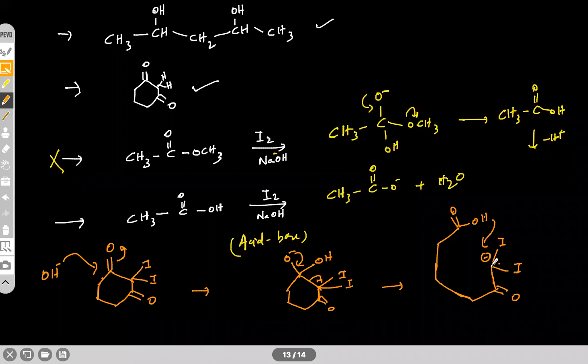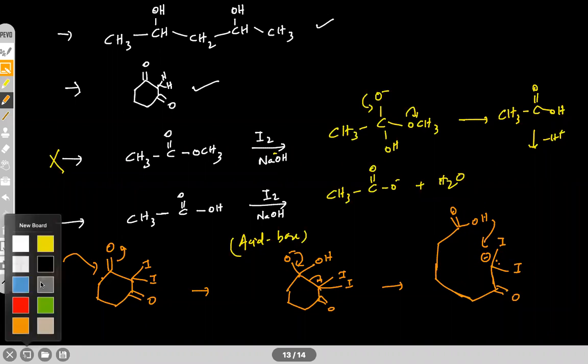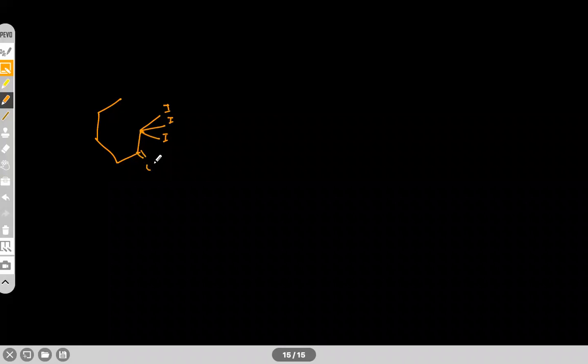Okay, we get here H, and then again, this is taken up by OH minus, we'll get CI3 here finally. So I'll get CI3, double bond O. Here we have double bond O, O minus. Is it right now? Till here it's fine? Yes, sir.